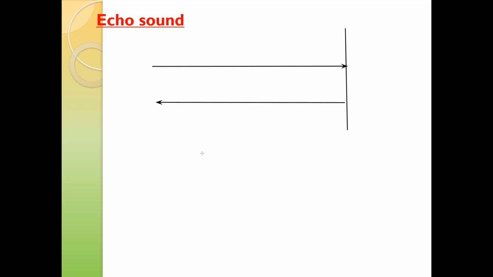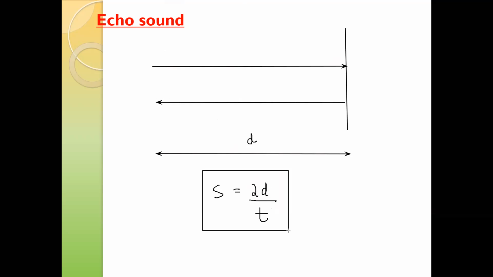If the distance between the source and the reflecting surface is d, the formula is: speed is equal to the distance traveled, d going and d returning. So speed is 2d divided by t. This is whenever there's a reflection of the sound.